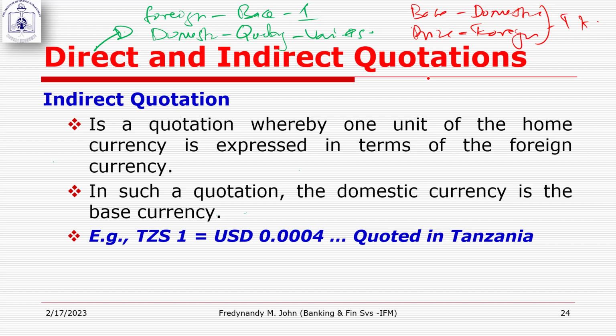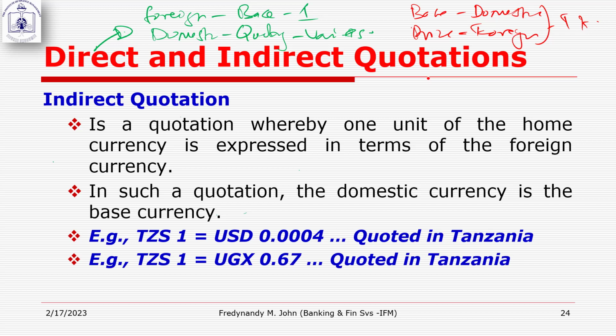So in an expression like this one or this one, you can see that both quotes happen in Tanzania: 1 Tanzanian shilling equals USD 0.0004, or 1 Tanzanian shilling equals Ugandan shillings 0.67. But the quotes happen in Tanzania, so this is indirect quotation.